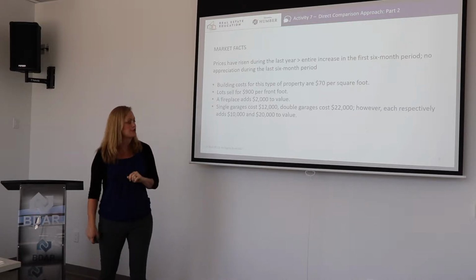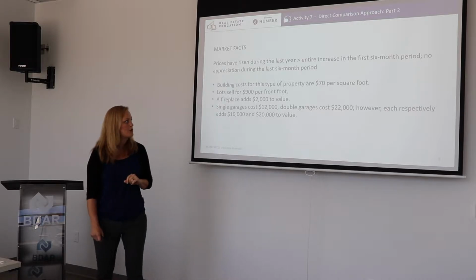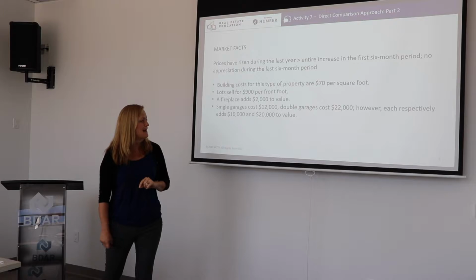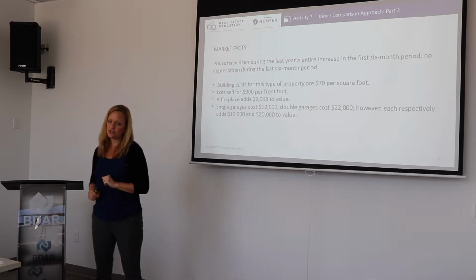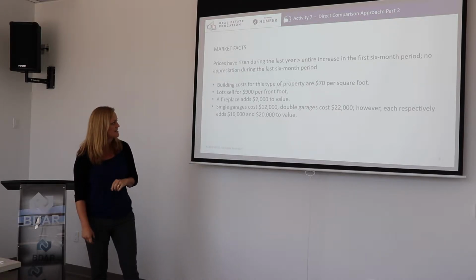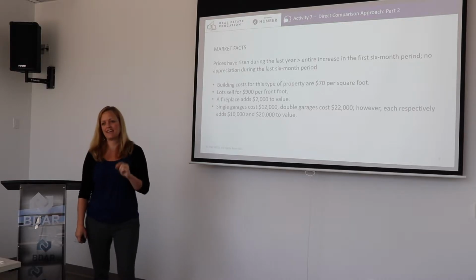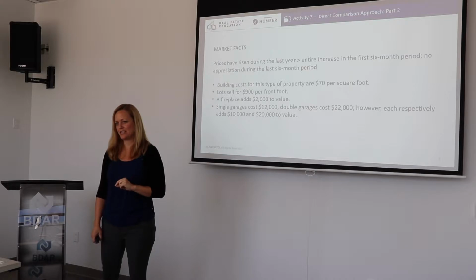Lots sell for $900 per frontage foot. A fireplace adds $2,000 worth of value, and a single car garage costs $12,000, a double costs $2,000, but their value are $10,000 and $20,000 respectively.